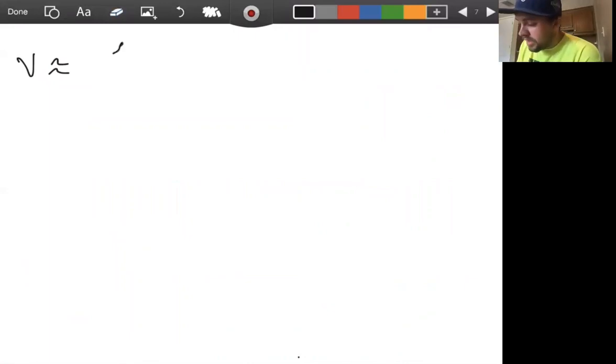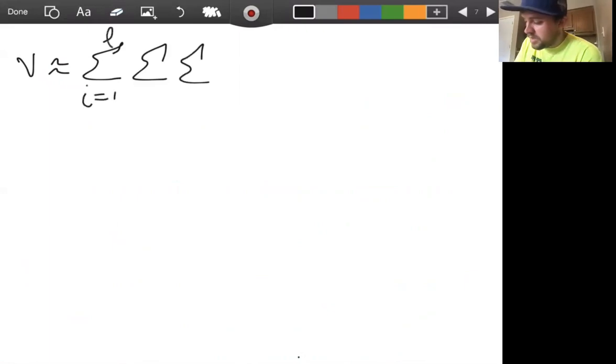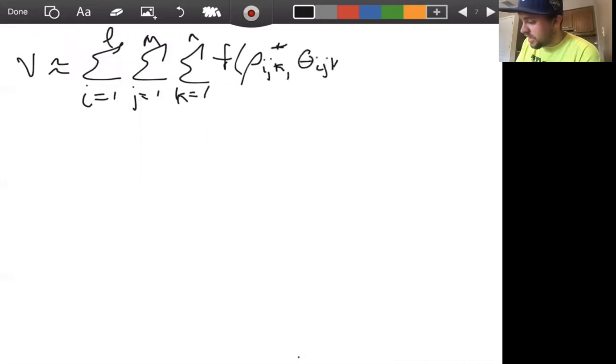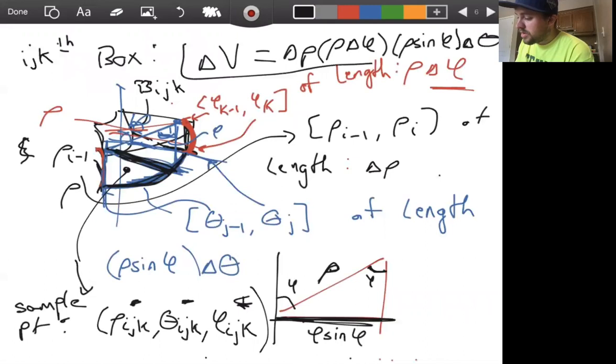And so then we're taking the triple sum. i goes from 1 to L, j goes from 1 to M, k goes from 1 to N of f of rho ijk star, theta ijk star, phi ijk star times delta V, right? Where delta V was this quantity here.